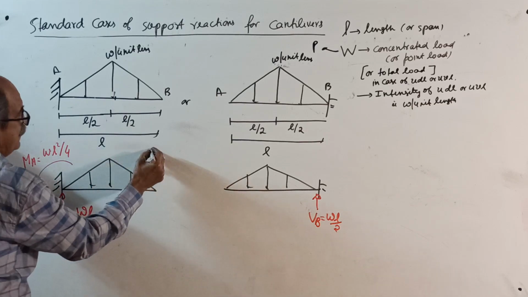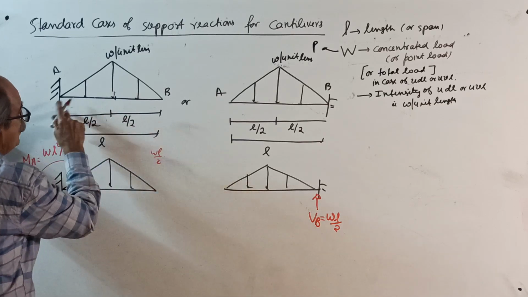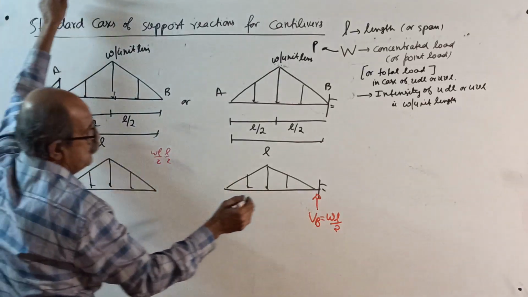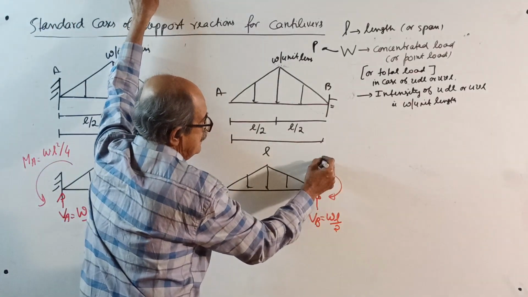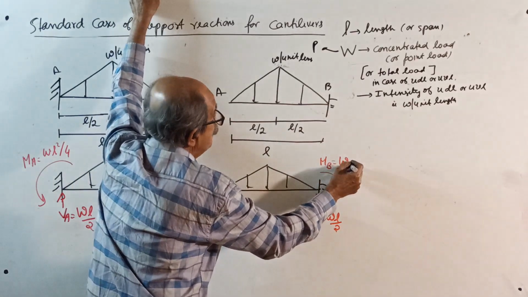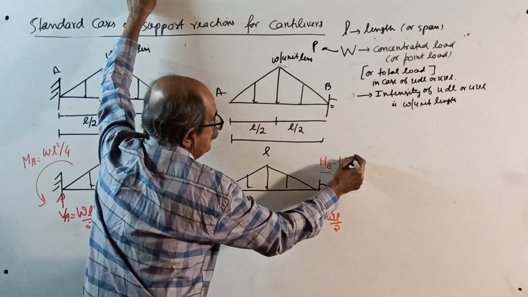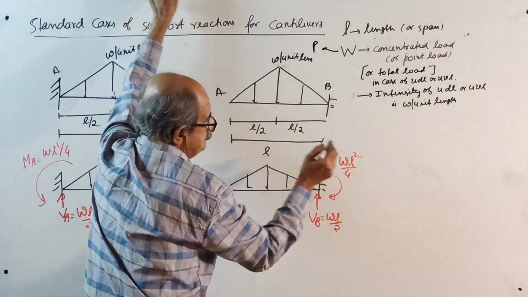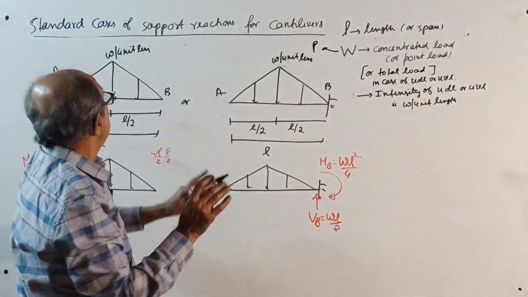How? WL by 2 is the total load into L by 2, WL square by 4. This reacting moment MB equal to small w L square by 4. Okay, now make a note.